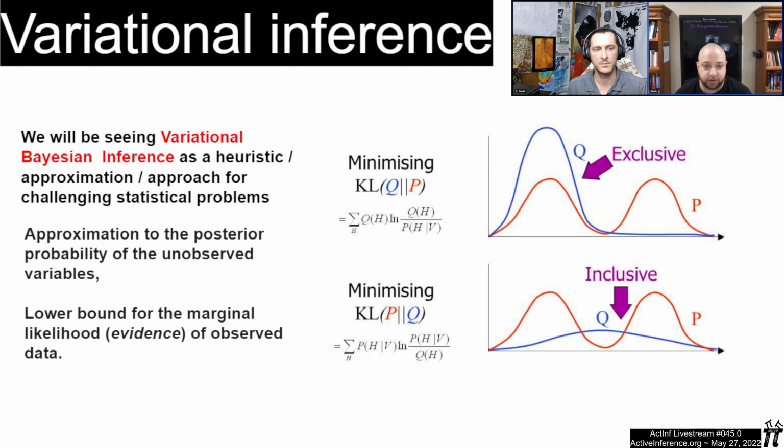So how likely are you to see the data that would lead to the posterior probability being what it is? That was my understanding of this.